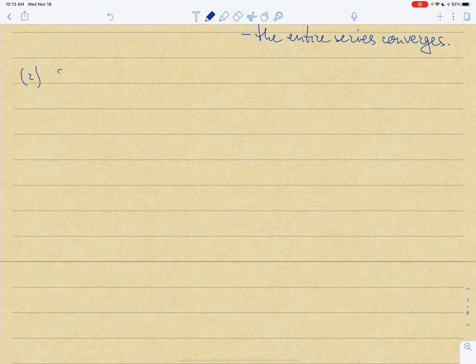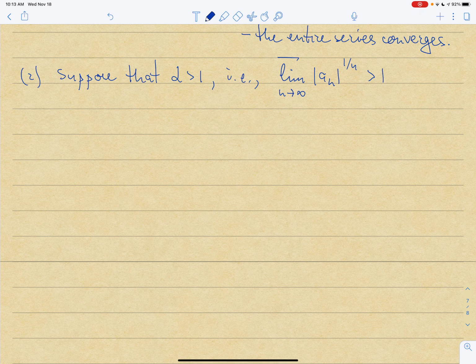So suppose that alpha is bigger than 1. That is, lim sup as n goes to infinity of absolute value of a_n to the power 1 over n is greater than 1, right?